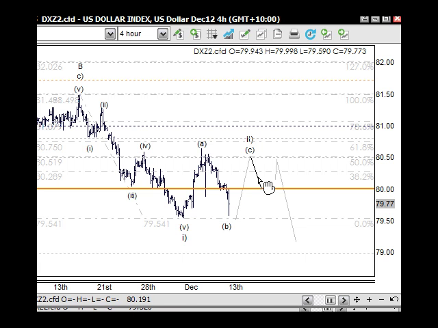So we're still looking at this scenario through here as it is, but this also counts reasonably well down here for a 5-wave structure. Now, if that's the case, then we would have to have this down as wave 1 here and back for wave 2 into here, and then wave 3 down.